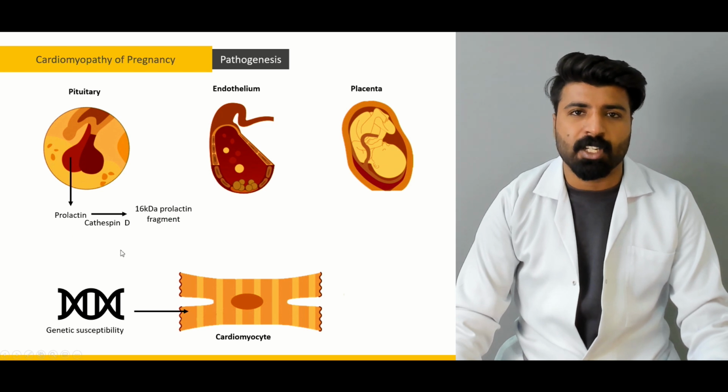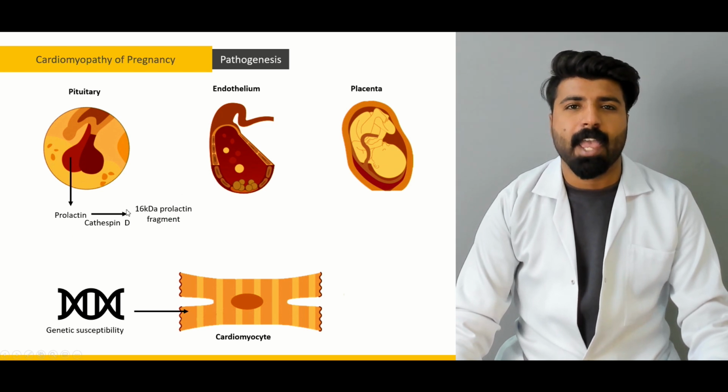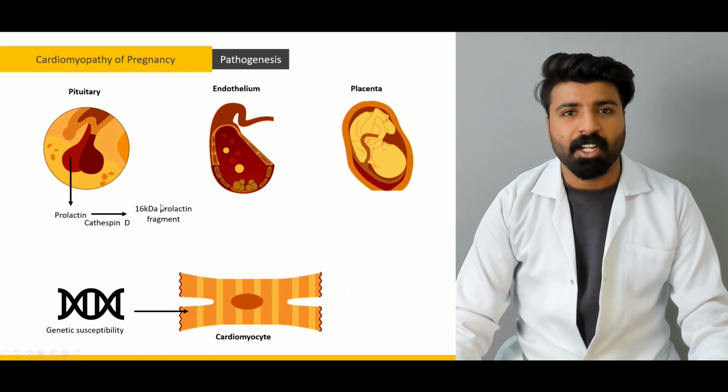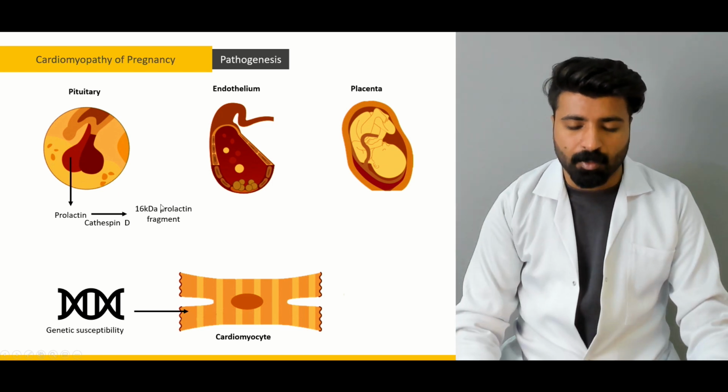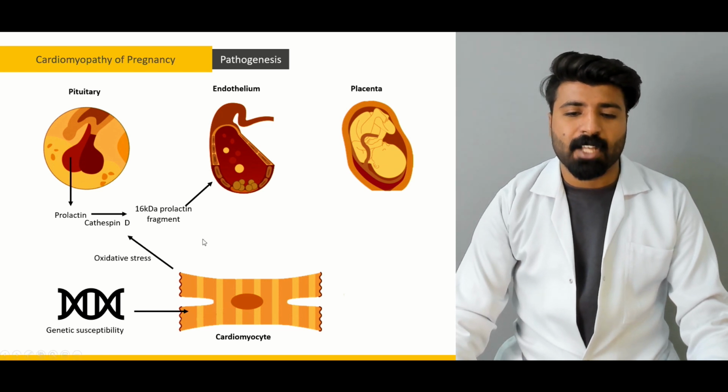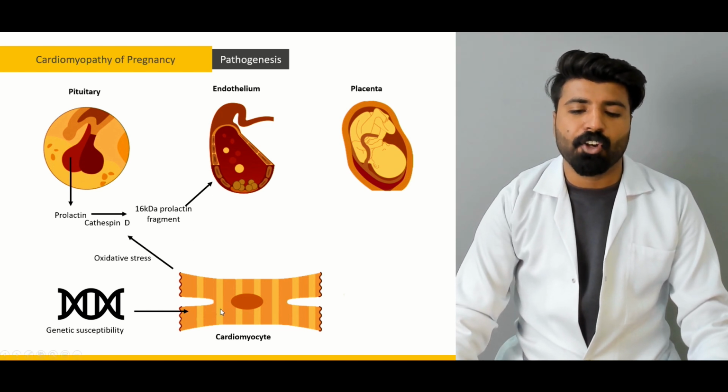Now, once the 16 kDa prolactin fragment has been produced, it causes endothelial injury. When it causes the endothelial injury, this will lead to production of more and more 16 kDa fragment. It's actually a cycle. So it's going to affect the endothelium. When the endothelium is being affected, the cardiomyocytes are going to undergo stress, and when they undergo stress, more and more of the reaction will be carried out again and again.